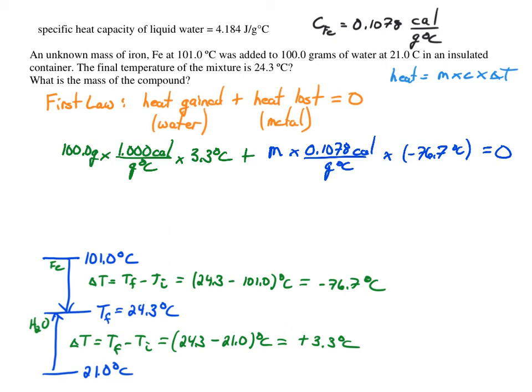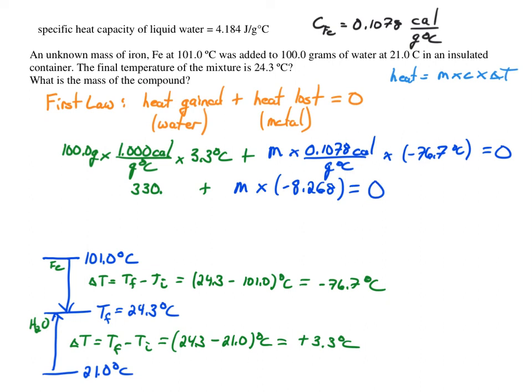Now, numerically, this calculation here comes out to 330. And to that, we're going to add the mass multiplied by the product of these two numbers, which is going to be a negative 8.268, and these sum to 0.